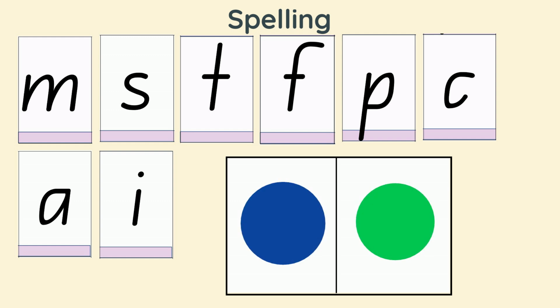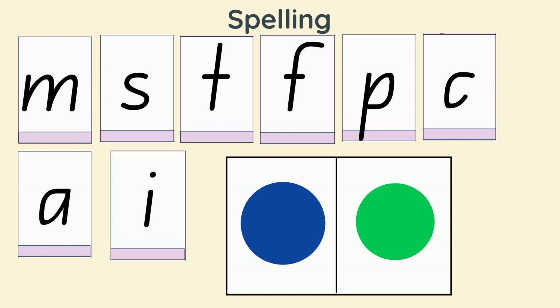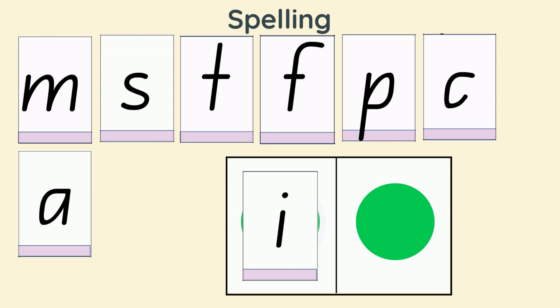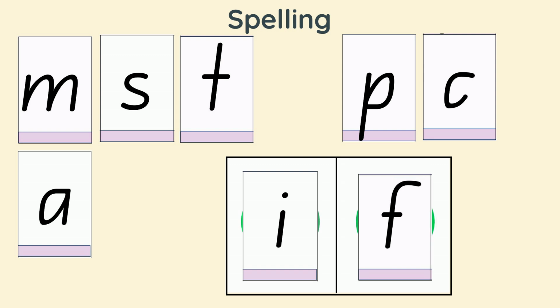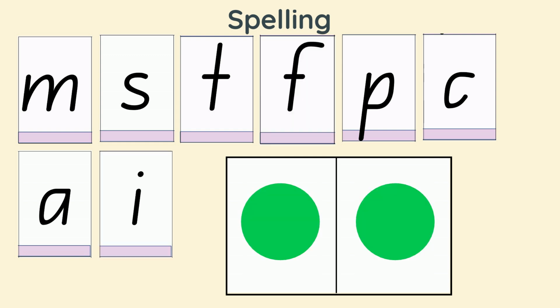I is the first sound. Which letter represents I? It's our vowel letter I. If. The second sound is f. Which letter represents f? The letter F. We have spelled if. The next word I want to spell is at.